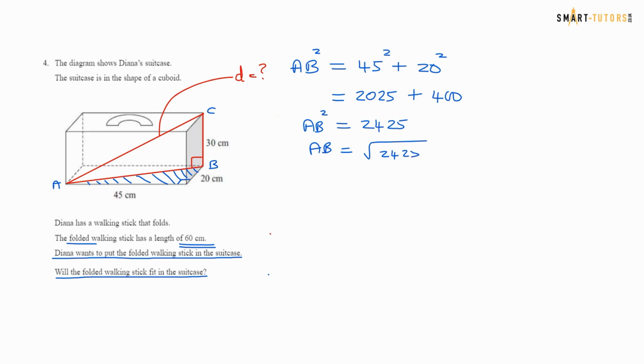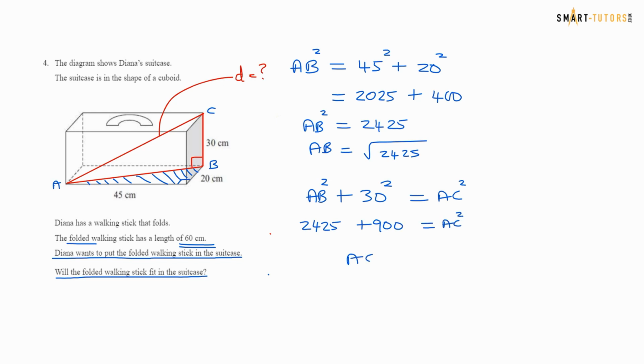I'm not going to find this answer. I leave it as it is. That answer may be useful for the second part. So for the second part, AB squared plus 30 squared equals AC squared, which is my diagonal. So AB squared we already found is 2425, plus 900 equals AC squared.